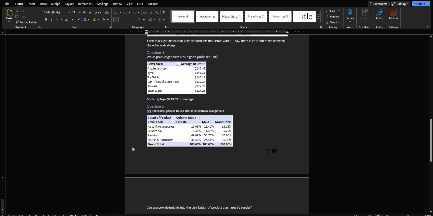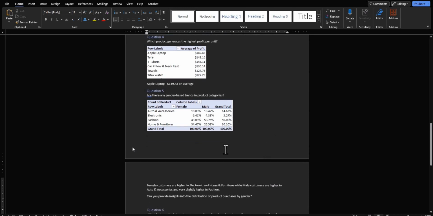I would say female customers are higher in electronic and home and furniture, while male customers are higher in auto and accessories and very slightly higher in fashion. That's a trend that I'm observing.